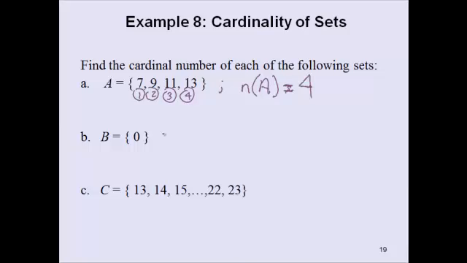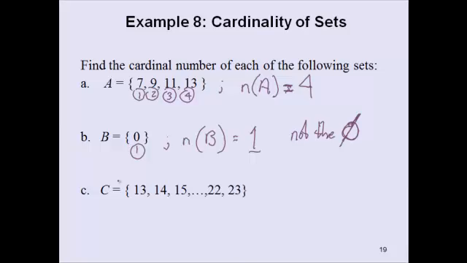Here, n of B is going to be equal to, hopefully you didn't say 0 or none, or that it was the empty set, because there is 1 element there, the 0. So the cardinality of that set is 1, which is why it is not the empty set. Remember this, the fancy 0 stands for the empty set.